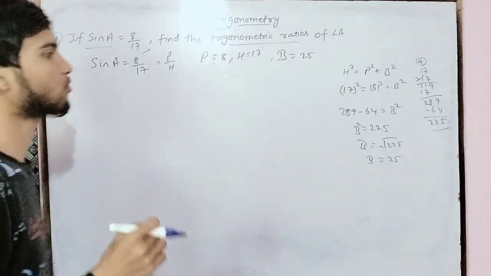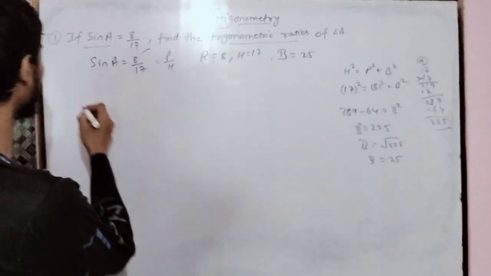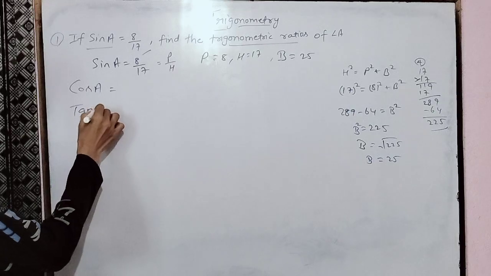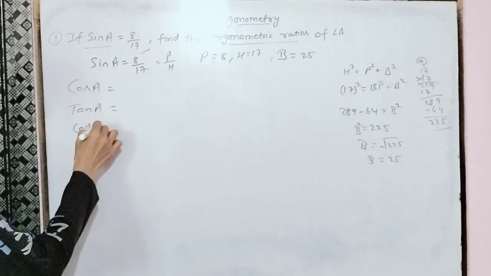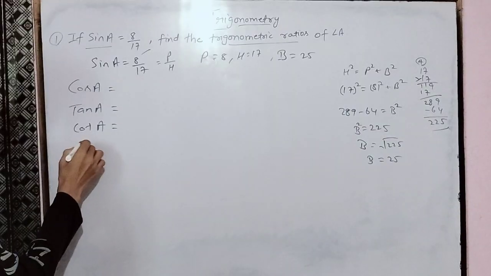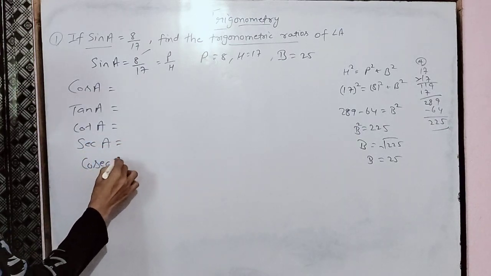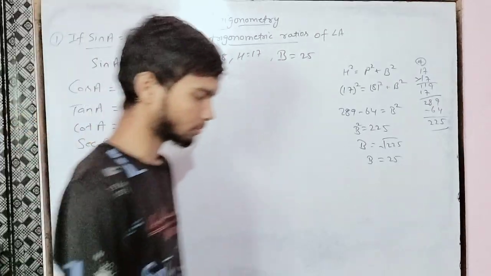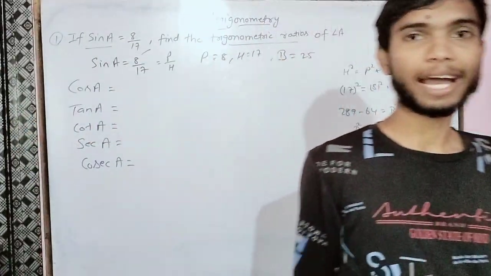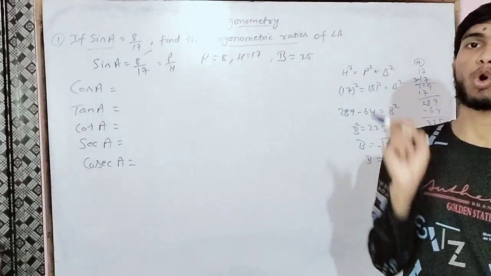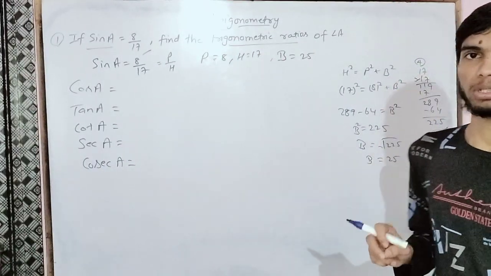Now we can easily find the value of cos A, value of tan A, value of cot A, value of sec A, value of cosec A. You can easily find them, because we now have the measure of all three sides of a right triangle.